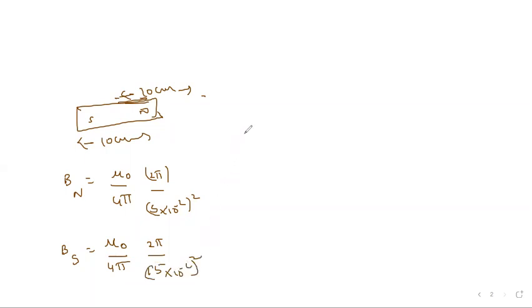If I take the difference, the resultant magnetic field is away from north and towards south. So the resultant is the magnetic field due to the north pole minus the magnetic field due to the south pole. And mu naught by 4 pi is common, and 2 pi is also common, and 10 power minus 4 is common.